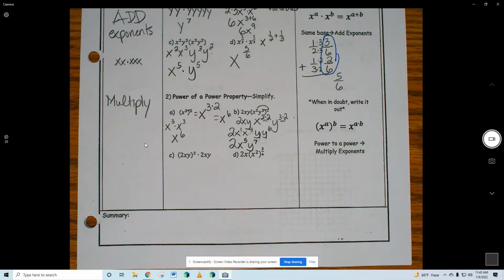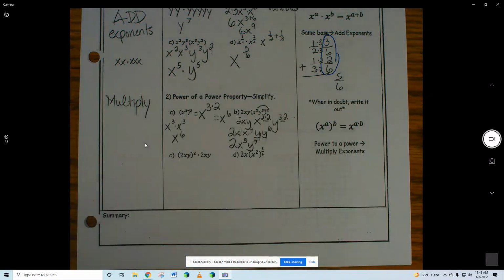So look at number C. Okay. Everything in the parentheses gets raised to that exponent out there.